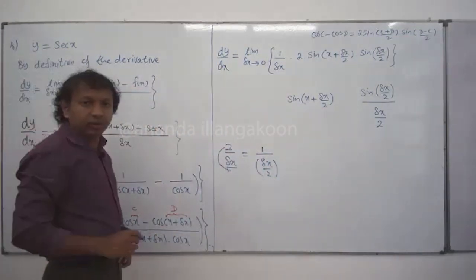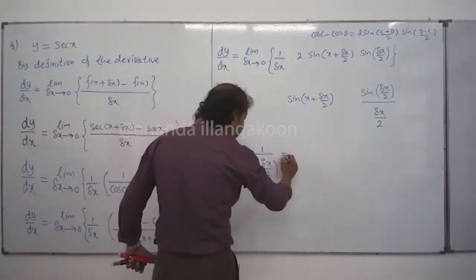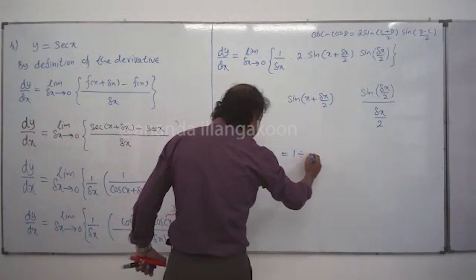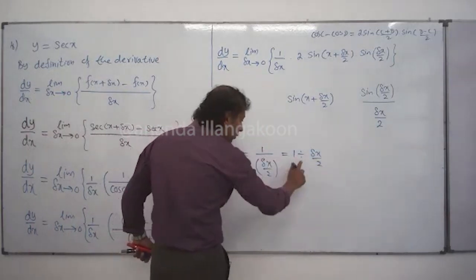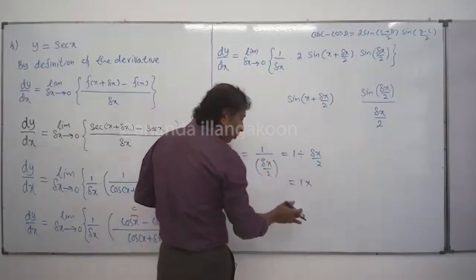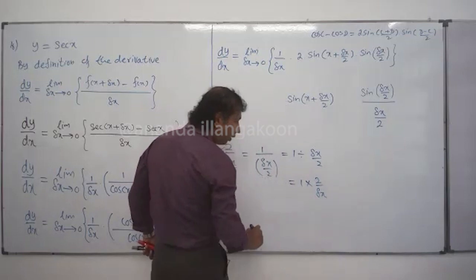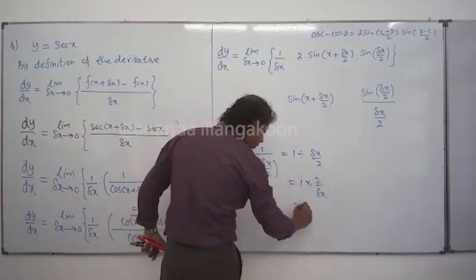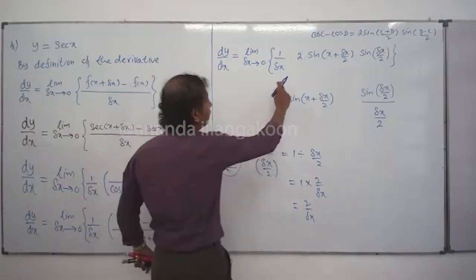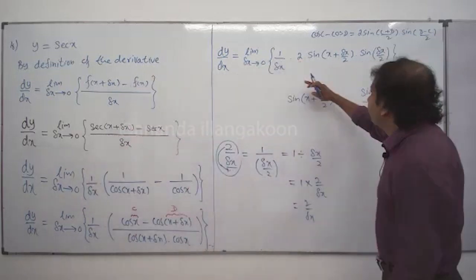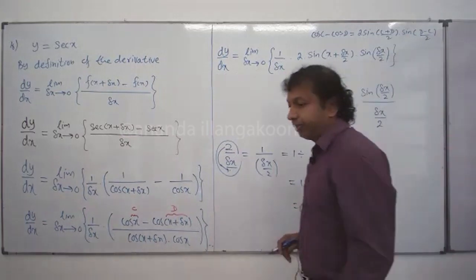Understand? That means, people, this one is really what? 1 divided by delta x by 2. This division sign I can write as a multiplication, no? Then take reciprocal. Then 2 upon delta x coming, no? So therefore, this 2, in other words, people, we can bring below this delta x by 2. That way also you can think. Right.